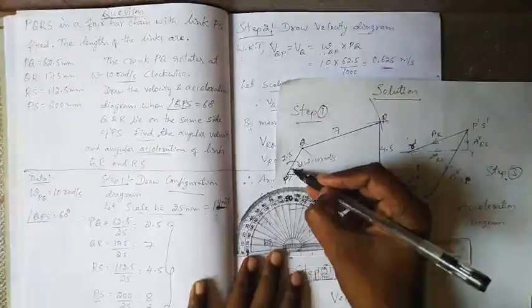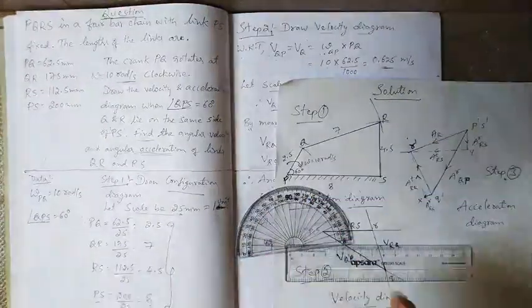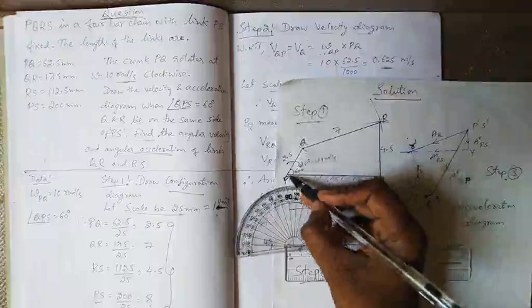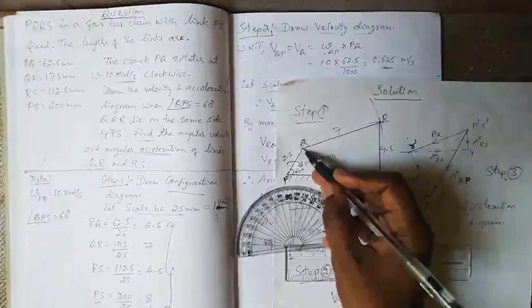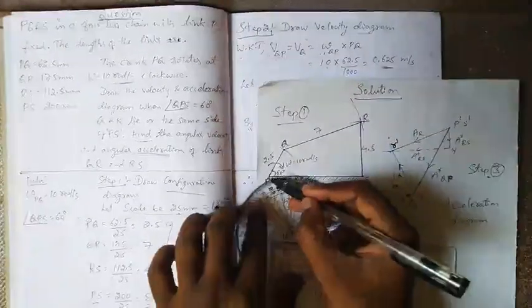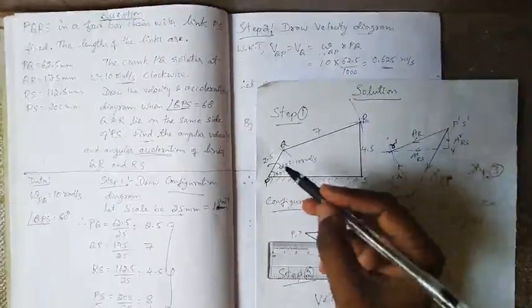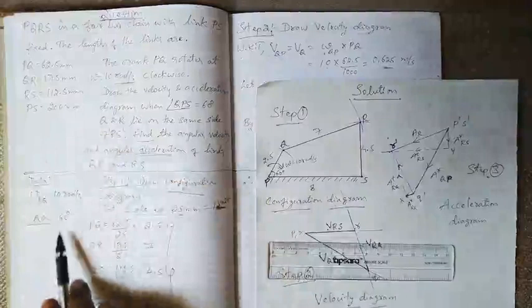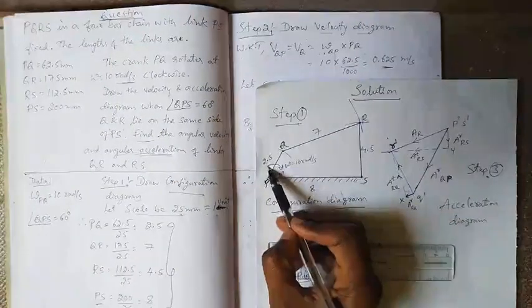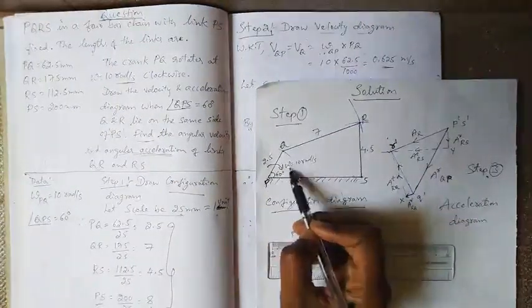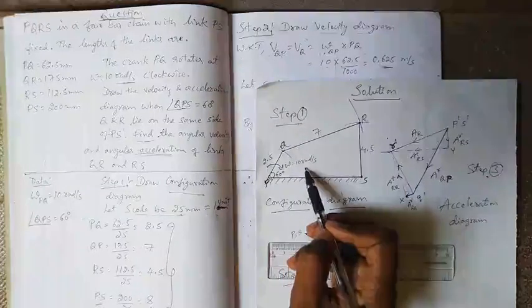So at an angle of 60 degrees you draw 2.5 units. So PQ will be 2.5 at an angle of 60 degrees. And they have given the angular velocity 10 radians per second for the crank. So show the angular velocity omega equal to 10 radians per second.